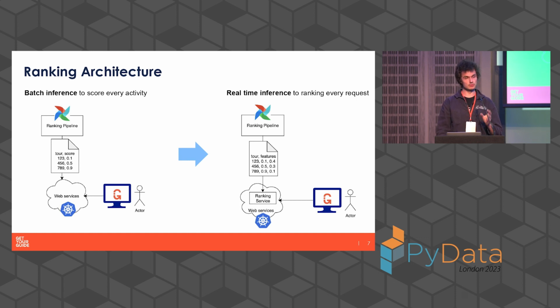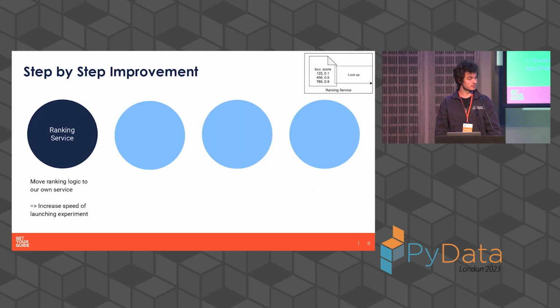We wanted to de-risk it by breaking it down into multiple steps, so let's go through the different steps. The first step of our migration was to migrate our ranking to the service.